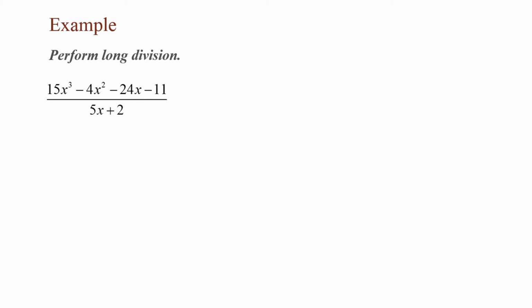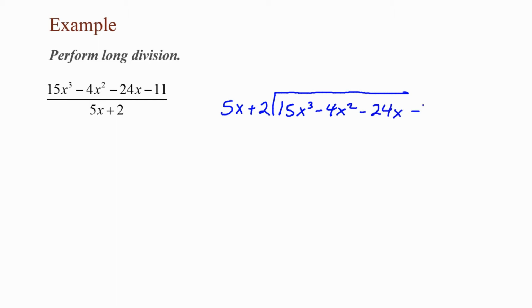In this example, perform the long division. 15x to the third minus 4x squared minus 24x minus 11 divided by 5x plus 2. 5x plus 2 goes on the outside of my division symbol. 15x to the third minus 4x squared minus 24x minus 11 goes on the inside.